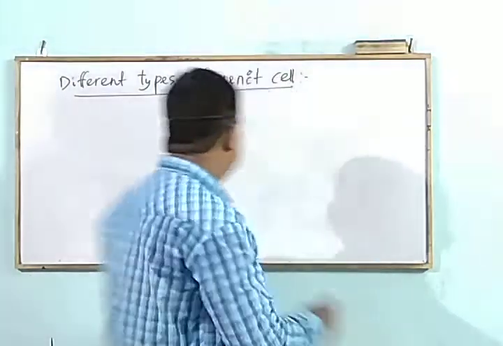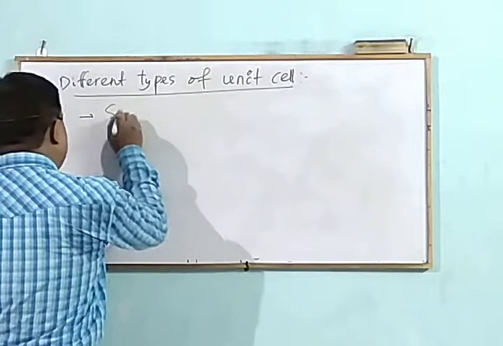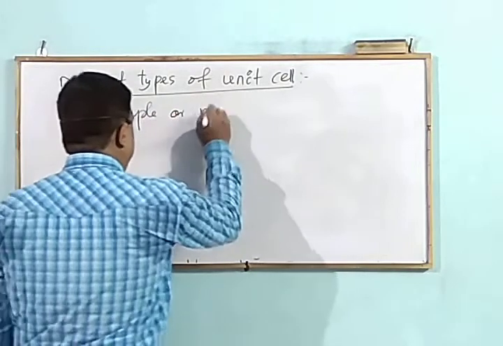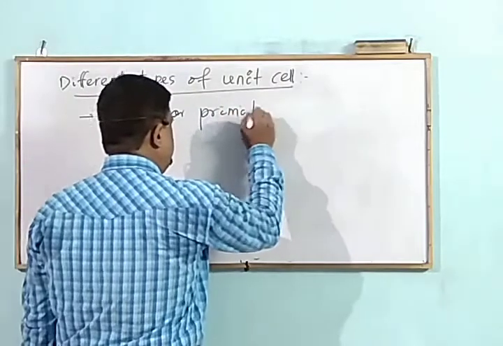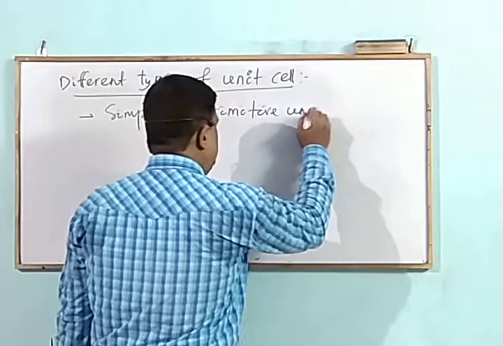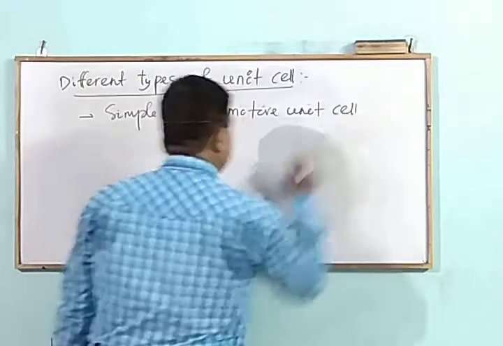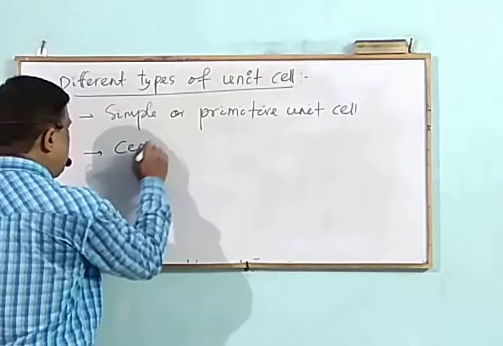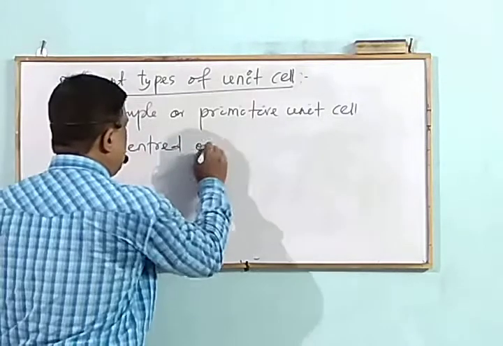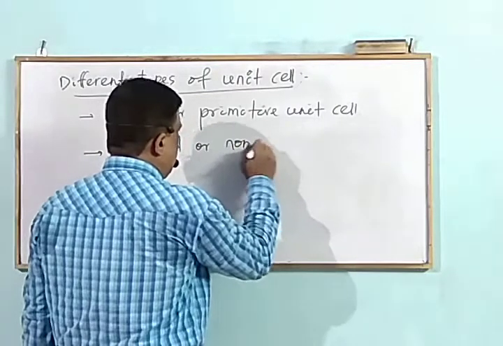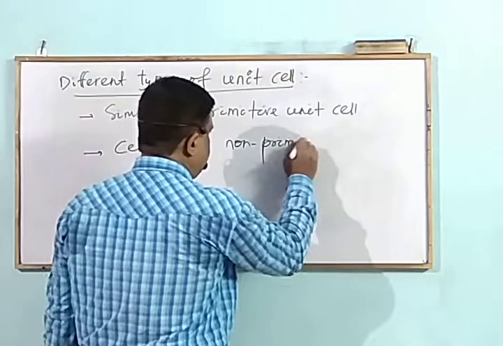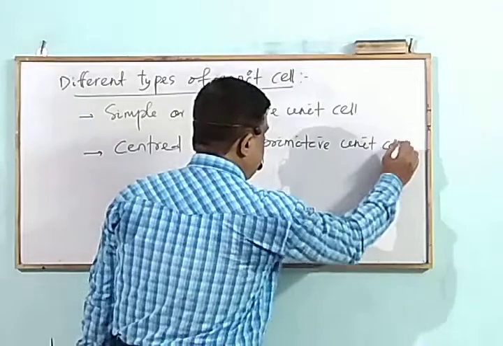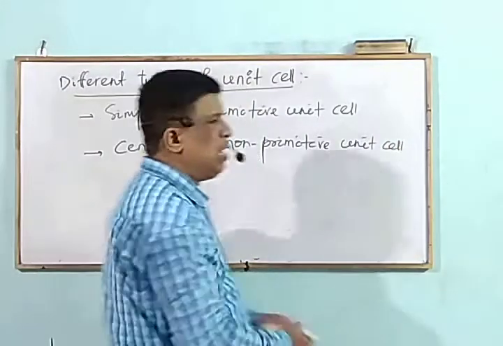One is known as simple or primitive unit cell, and one is known as centered or non-primitive unit cell. Let us discuss one by one.